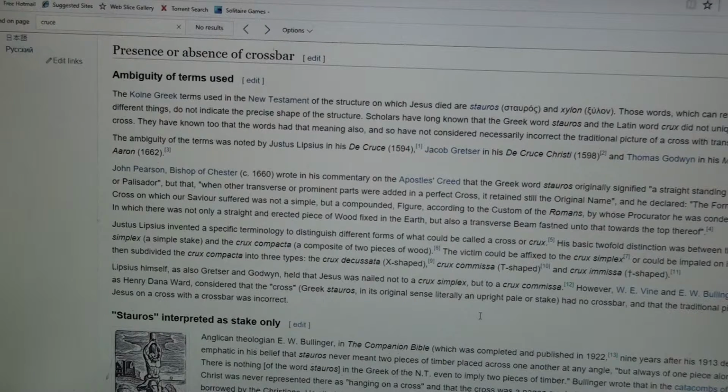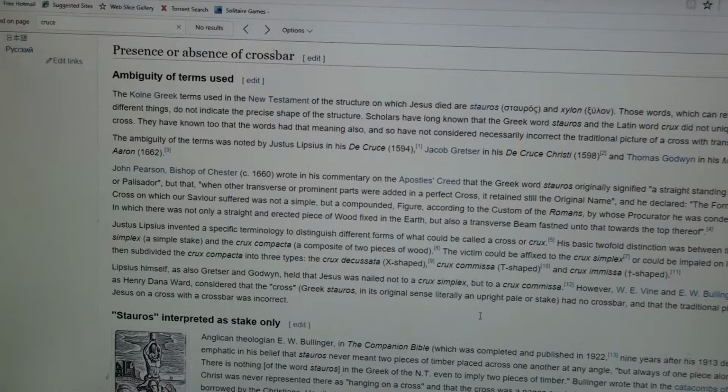Justus Lipsius invented a specific terminology to distinguish different forms of what could be called a cross or crux. His basic twofold distinction was between a crux simplex, a simple stake, and a crux compacta, a composite of two pieces of wood. The victim could be affixed to a crux simplex or could be impaled on it.